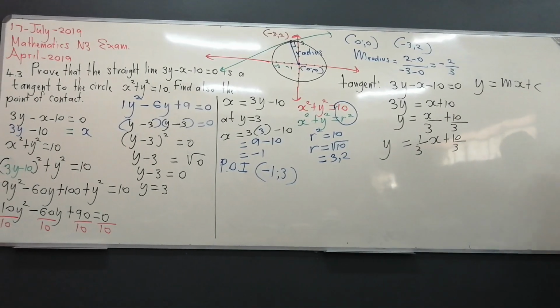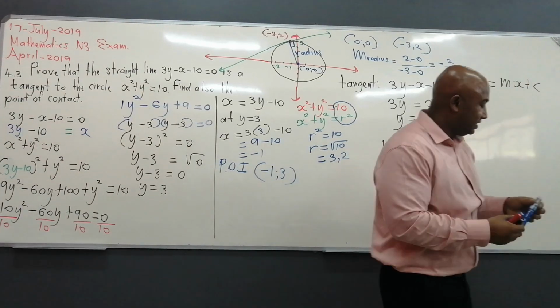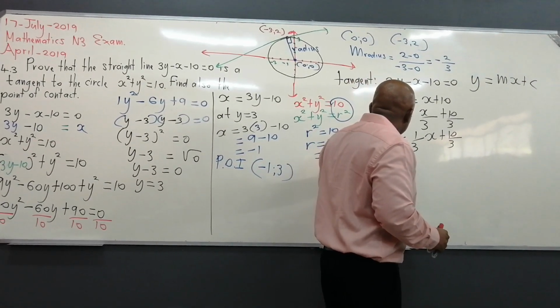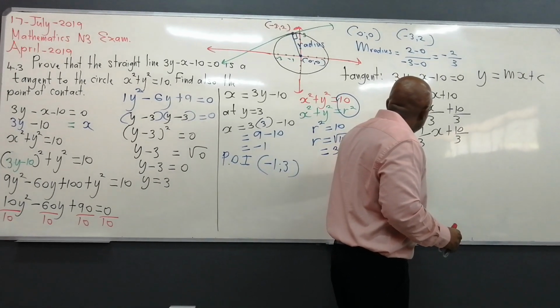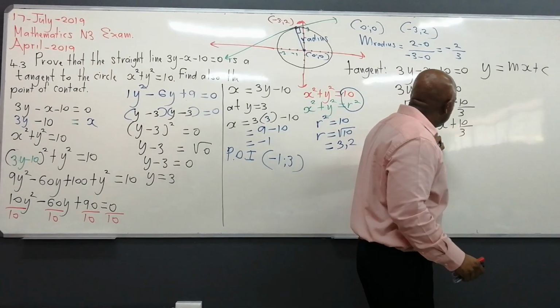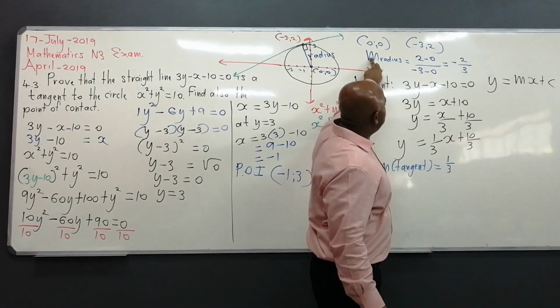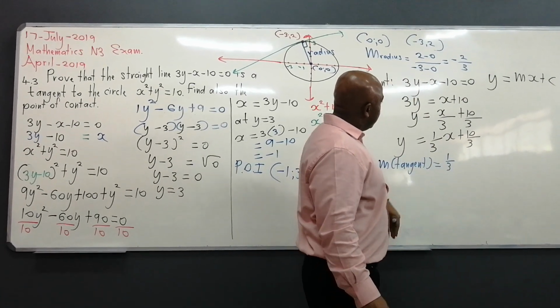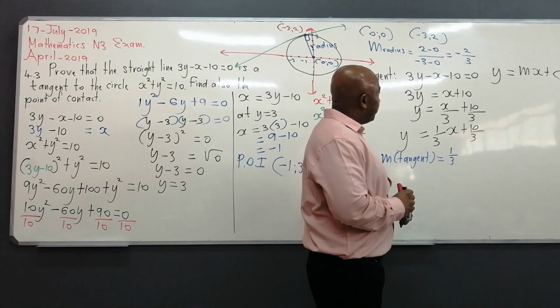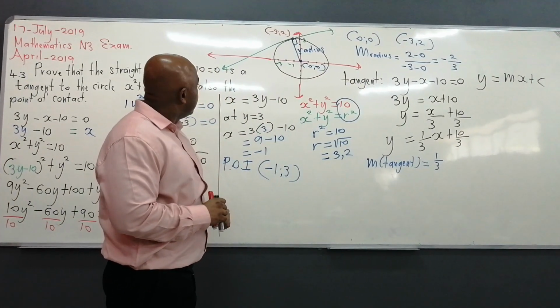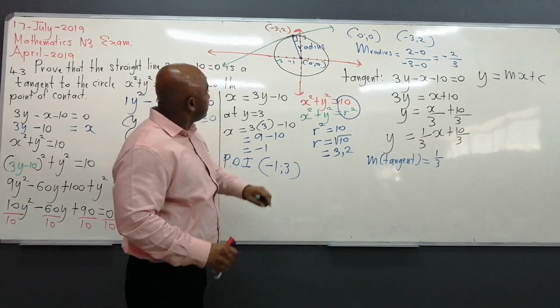So now, let's see what's going on here. m tangent is equal to 1 over 3. m radius is equal to minus 2 over 3.